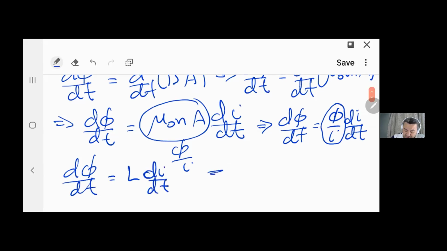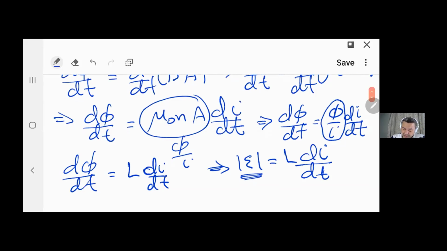And if you recall, this is the electromotive force. So the voltage generated across a coil that is seeing a time varying current is basically the time varying current that is induced, which is going to generate an electromotive force between the terminals of this inductor.